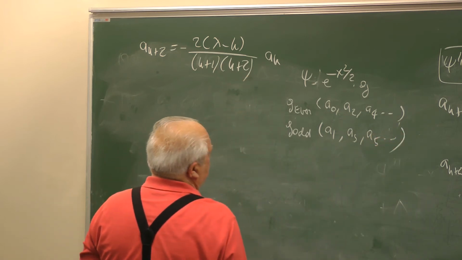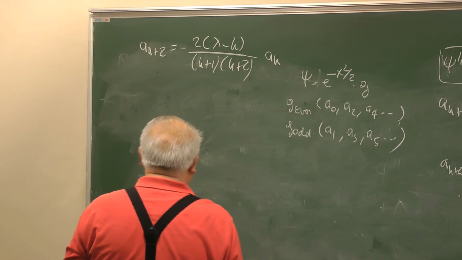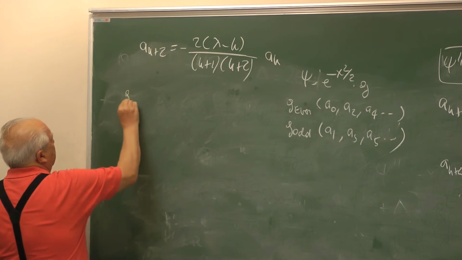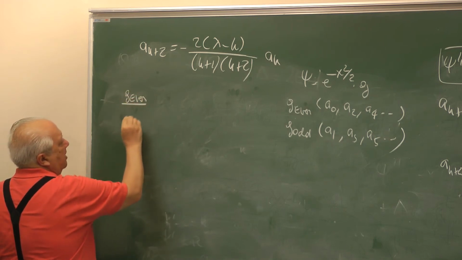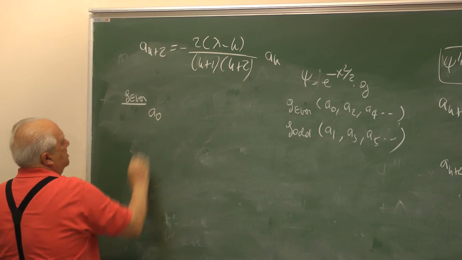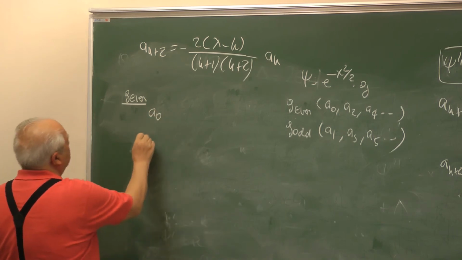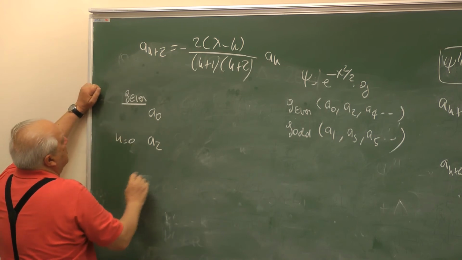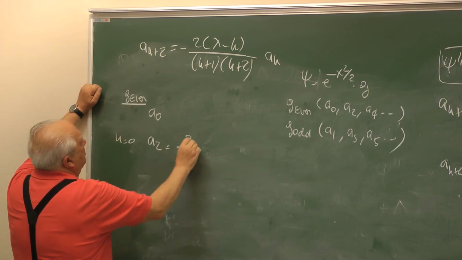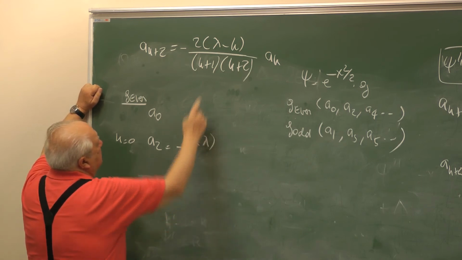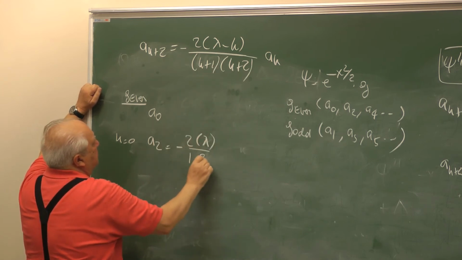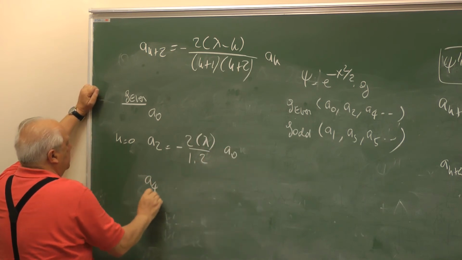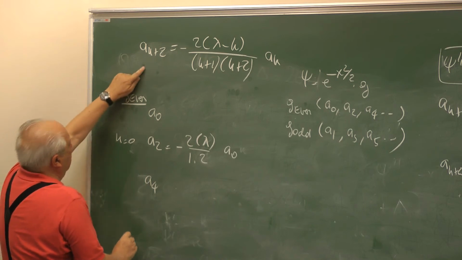So let's find a few coefficients. Let's consider the g even. We are given somehow a0. To get a2, that's k equals 0. That's minus 2 lambda over 1 times 2 times a0. And to get a4, k equals 2.